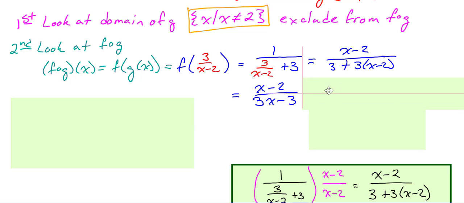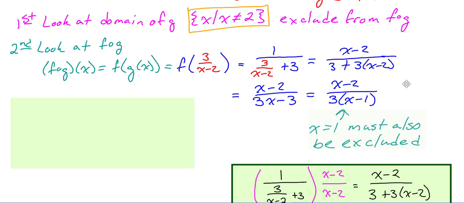We're going to distribute the 3 times x minus 2, and then we're going to use the distributive property because 3 is in both terms, and we're going to do the distributive backwards, and we end up with x minus 2 over 3 times x minus 1. So that means x minus 1 must also be excluded from the domain.